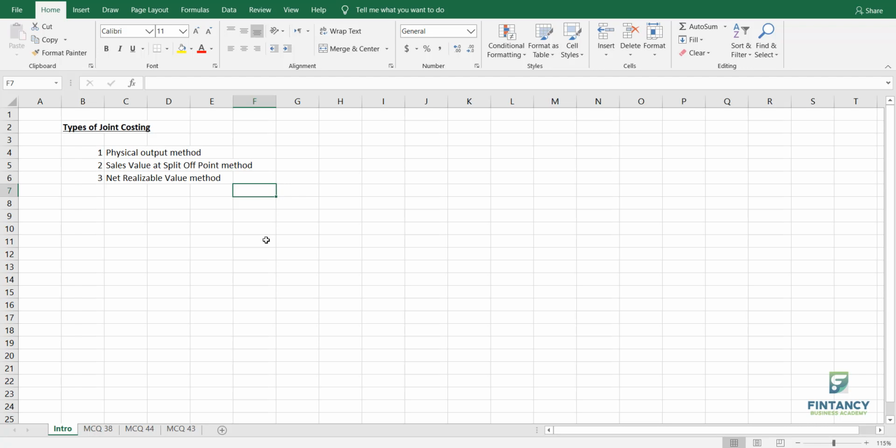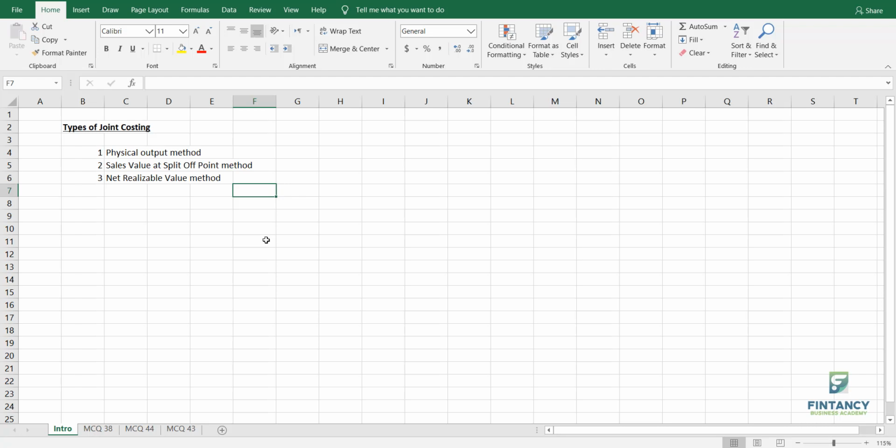So, my friends, in this case, we need to know how much of the cost of material, labor, and overheads we will allocate to these products. Very simple. For example, I'm processing crude oil and I got petrol and diesel, assuming that's it, right? Of 1000 liters, I got 500 liters of petrol and 500 liters of diesel.